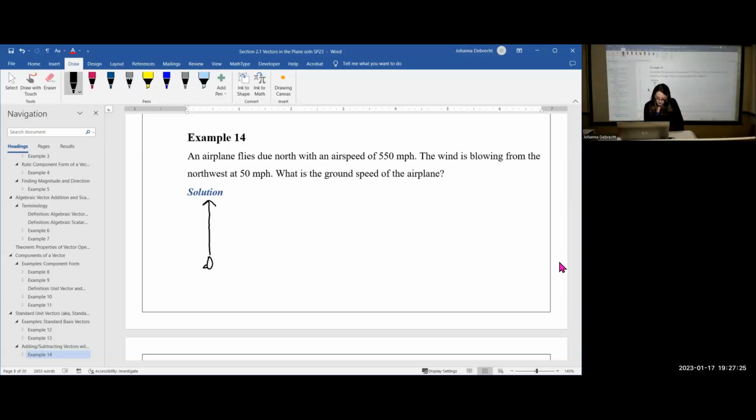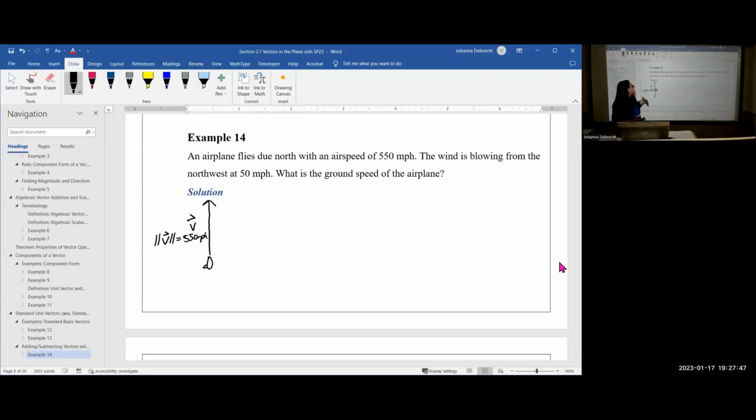So the magnitude of this vector, we'll call it vector V. The magnitude of vector V is 550 miles per hour, right? That's the speed at which the plane is flying.